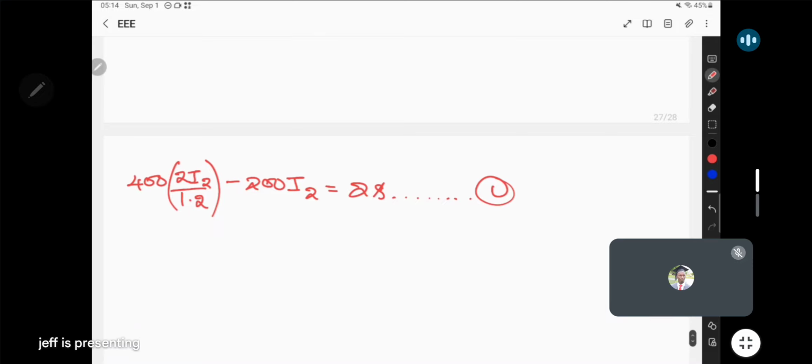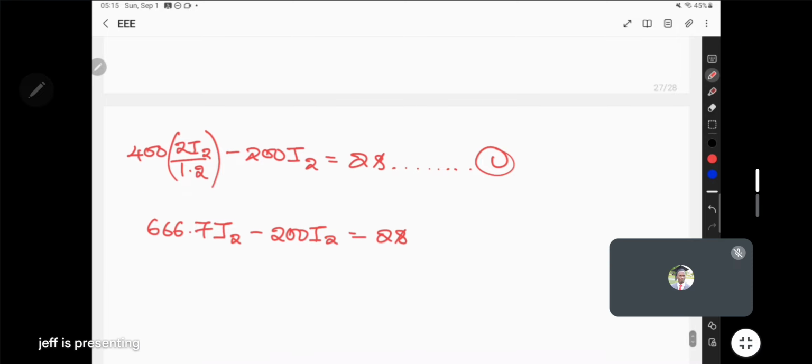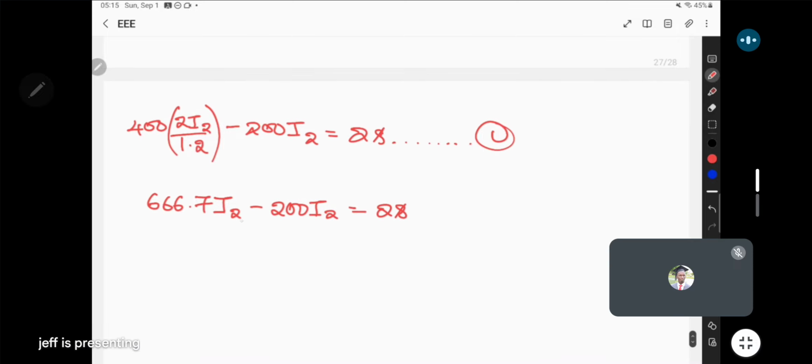So this is going to be, we can say we get 666.7 I2 minus 200 I2, which is equal to 28. From here, we can subtract 200. This is going to be 466.7 I2 is equal to 28.